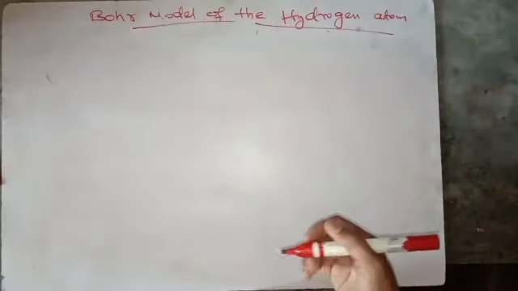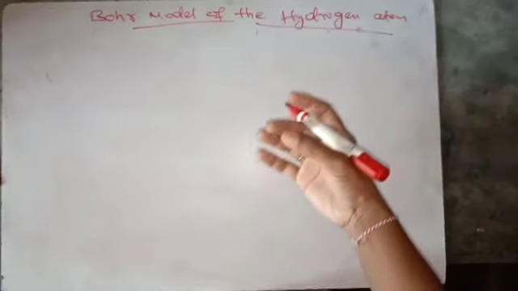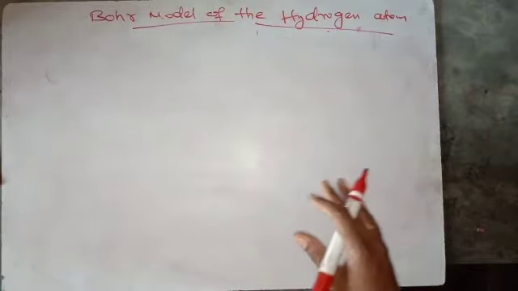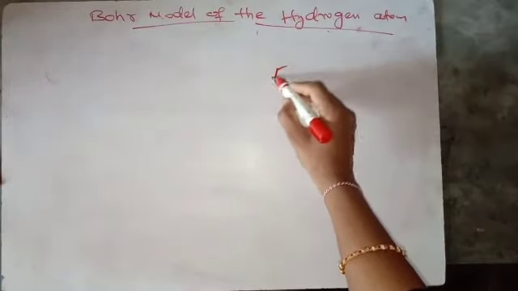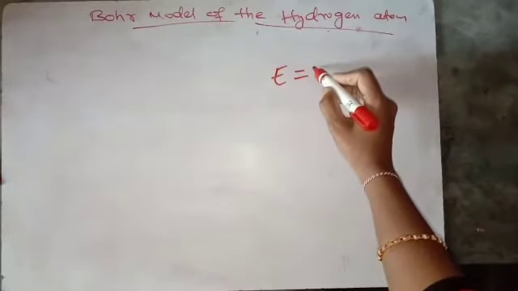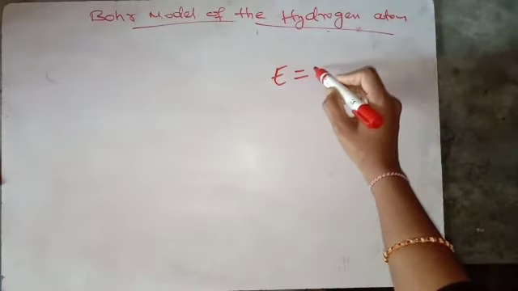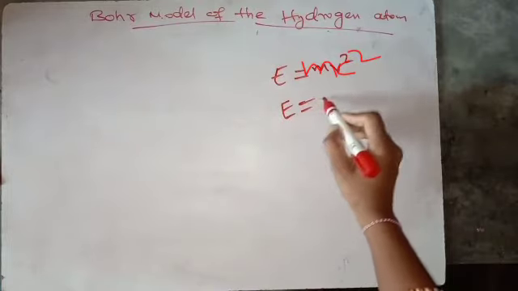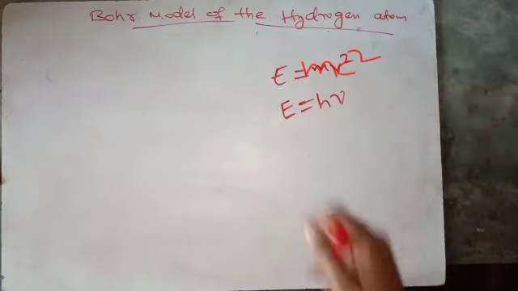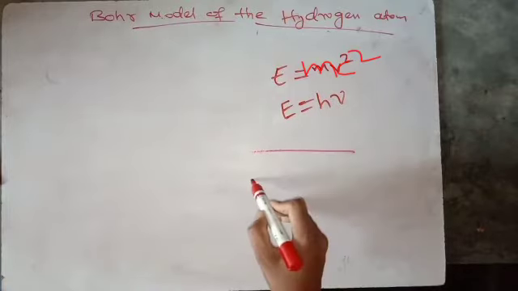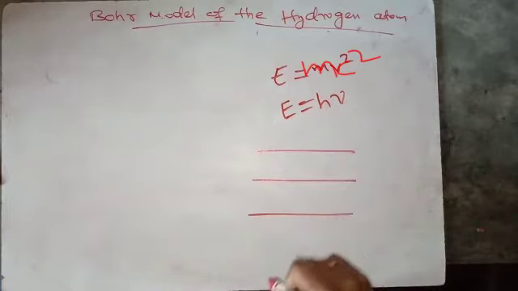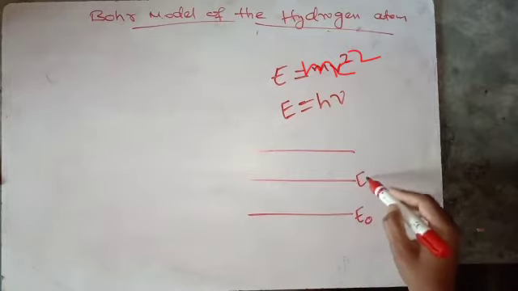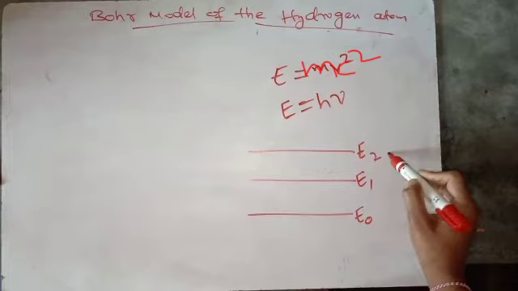To know the difference between the Rutherford atomic model and Bohr's model, first you have to know about the energy given by Einstein, which is E equals mv square, also E equals h nu. If these are the energy levels of an atom, and this is the ground state, which I am taking as E naught, then the first excited state, second excited state.